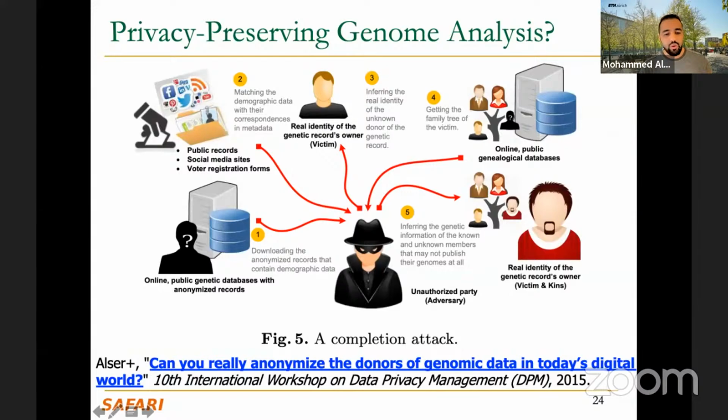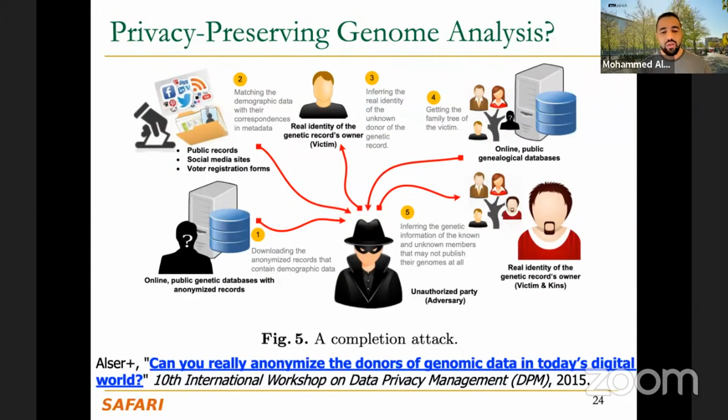And here's one of our papers talking about methods that can breach your privacy, identifying you based on your DNA record and some social media access. For example, if I observe your picture, I can know your hair color. And from your hair color, I can infer the genomic variation in your DNA, even if it is anonymized.